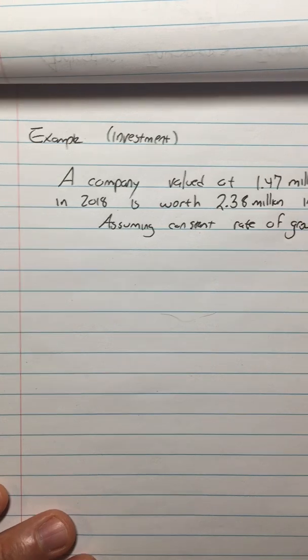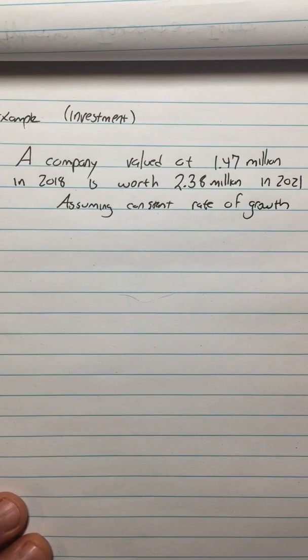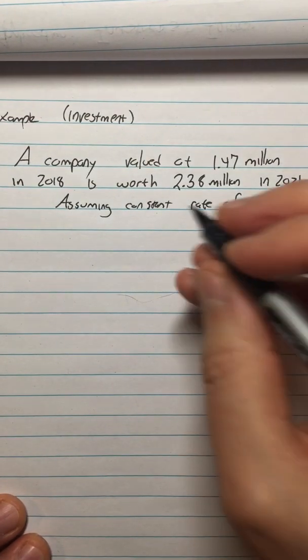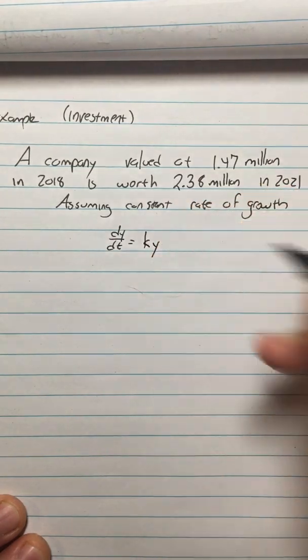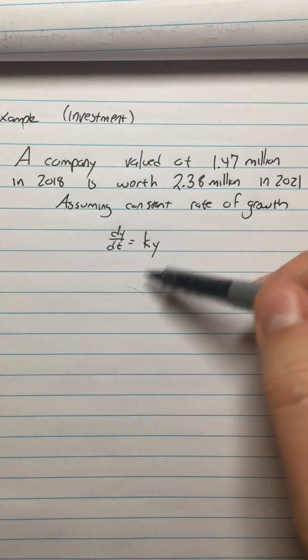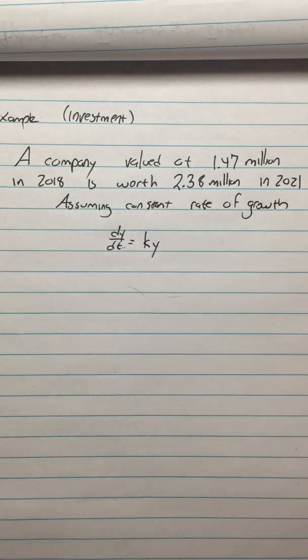which is a mathematical way of saying assuming a constant rate of growth would be to say that dy/dt equals ky. And a lot of times in the AP exams, they'll start the question with this statement. Something goes by dy/dt equals ky, and your job is just to recognize that you essentially have then y equals y0 e to the kt.